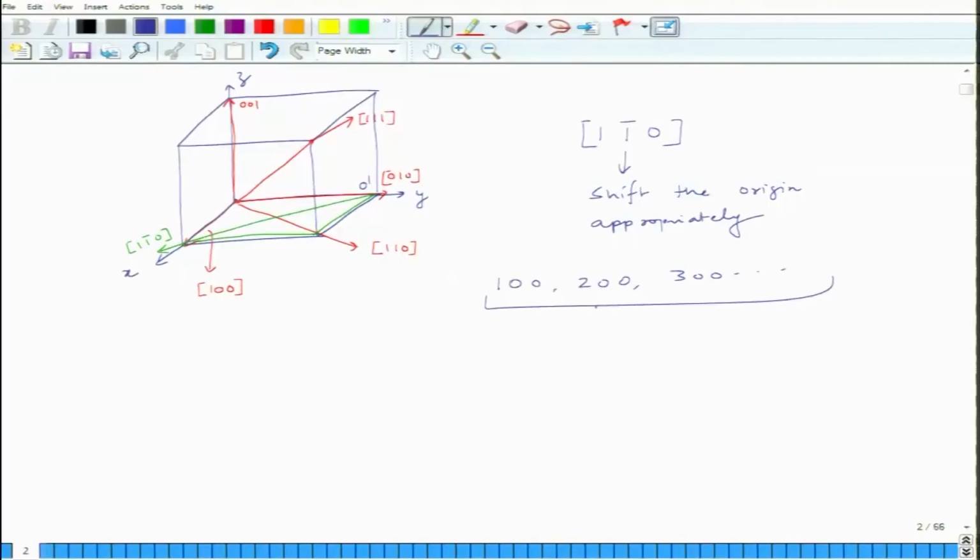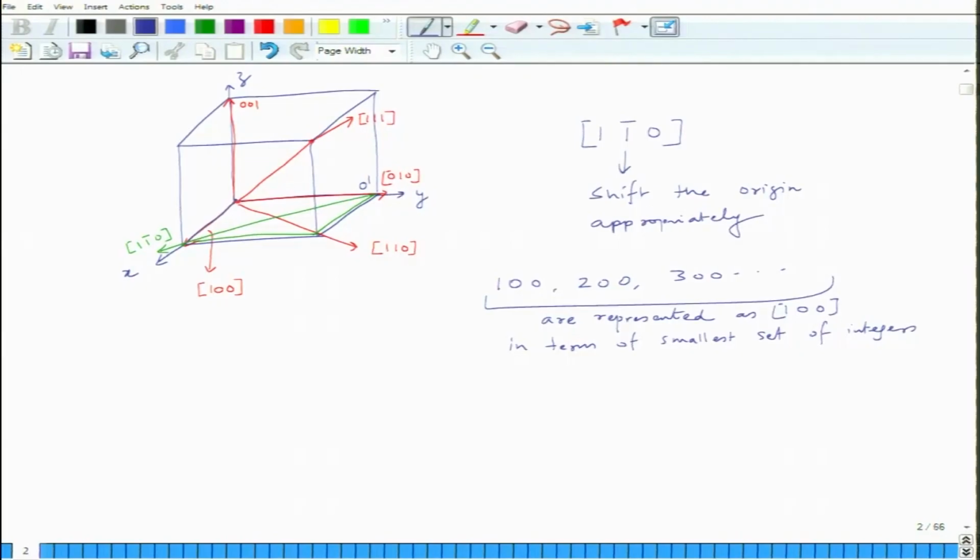So they are all represented as 1 0 0, in terms of the smallest set of integers. All right.